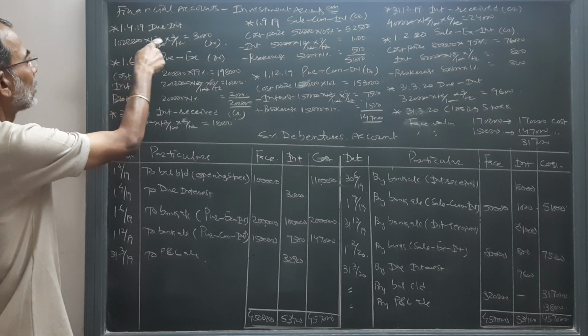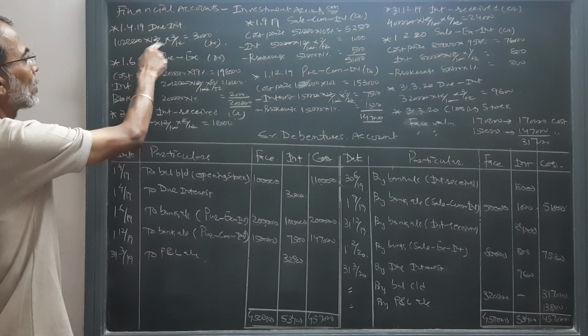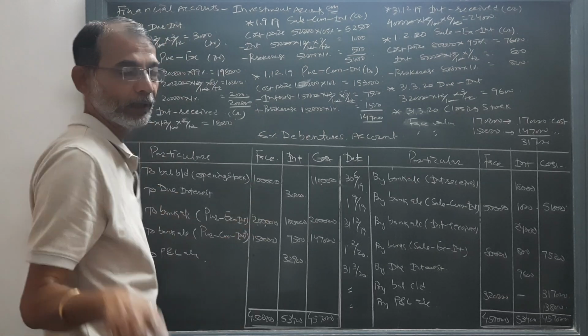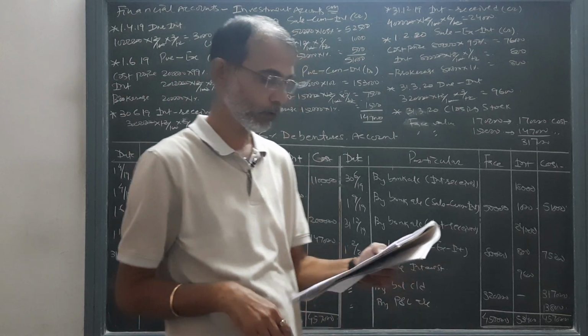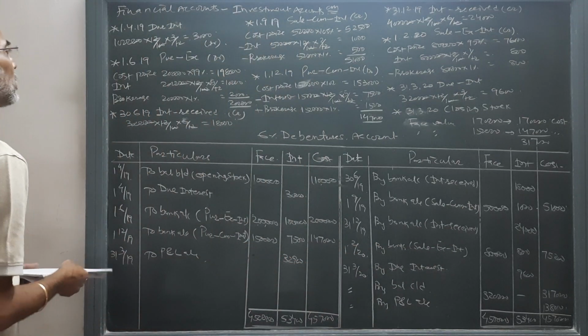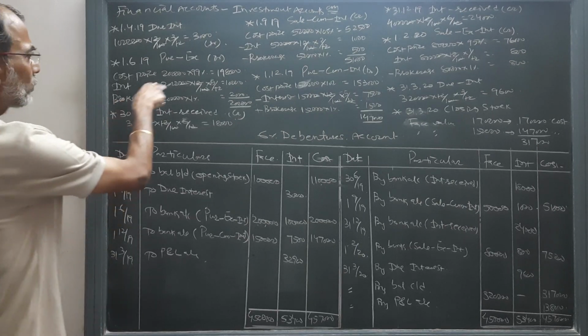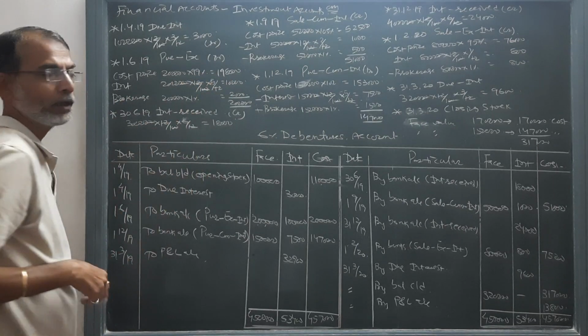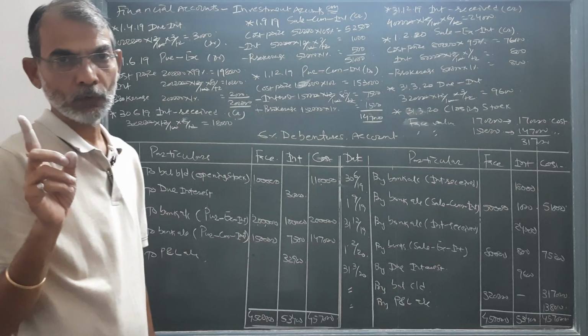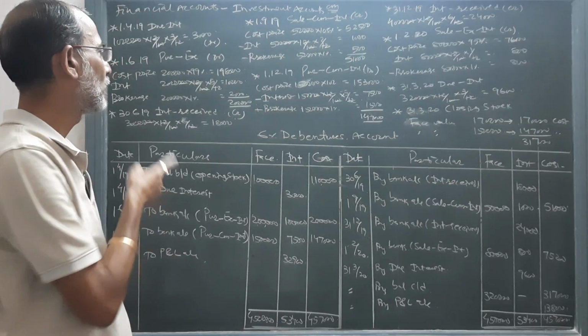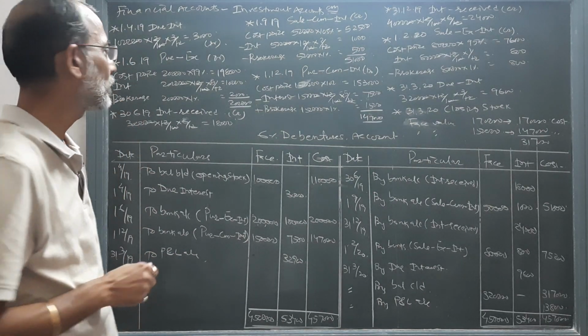On 1 lakh, 3 months at 12% came to 3,000, which will be written on the debit side as due interest. Then there is a purchase of ex-interest, cost price is 2 lakh. So 99% of 2 lakh will be 1 lakh 98,000.